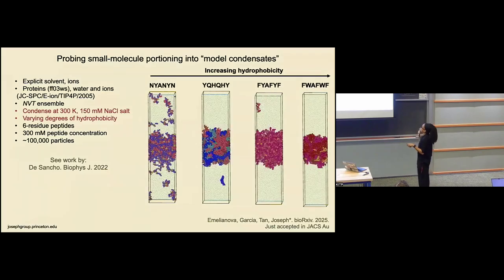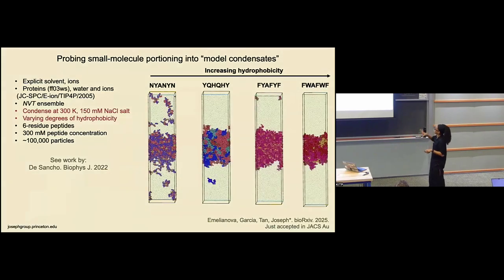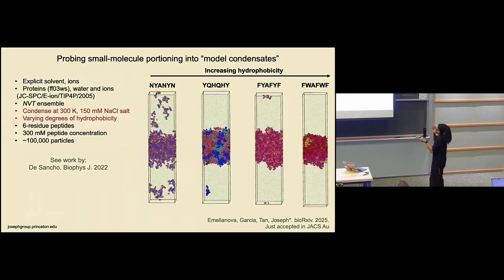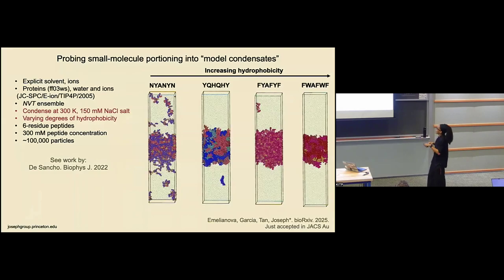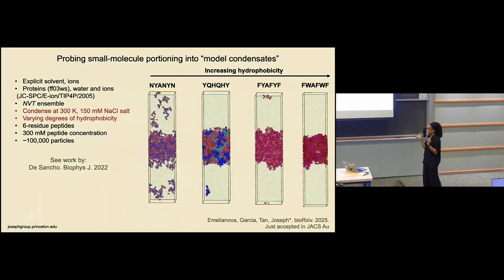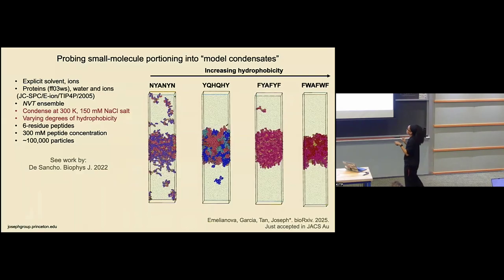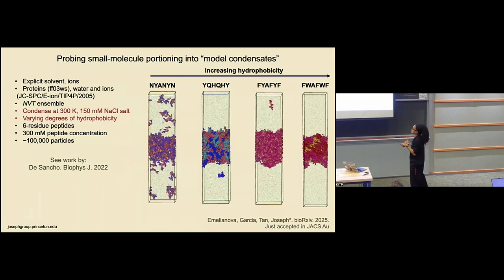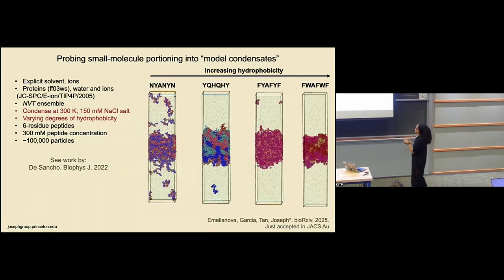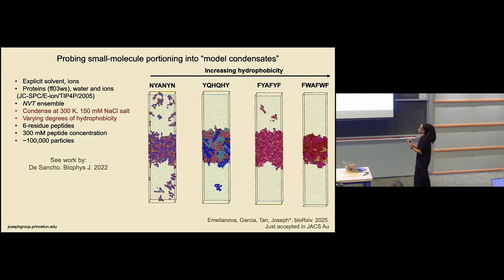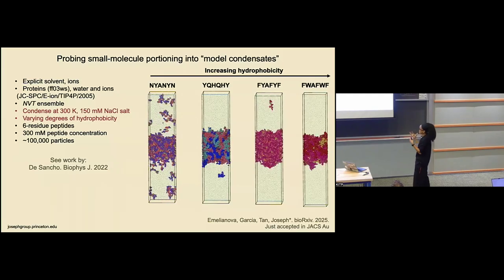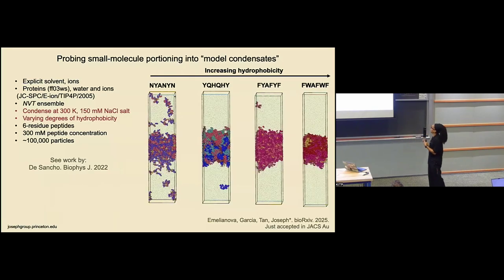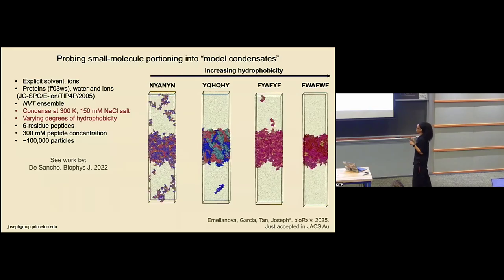And so what we're doing here is that we selected these 4 systems where if you go from this sequence to that one, we have increasing hydrophobicity of the sequences, and so we go from condensed environments that are highly polar or enriching polar residues to environments that are enriched in aromatic and aliphatic residues.